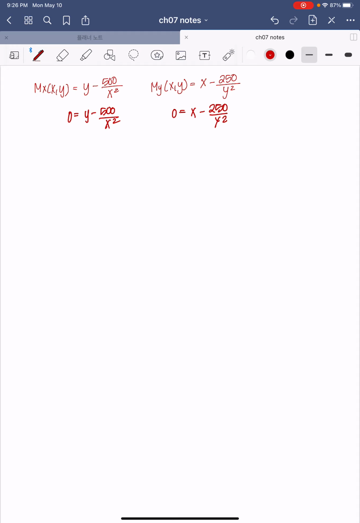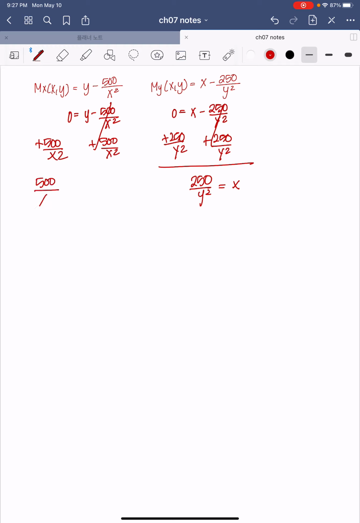I'm going to solve for X here, adding this and substituting my X into the other function. So 250 over Y squared equals X. Over here, I can also add 500 over X squared, so I have 500 over X squared equals Y.